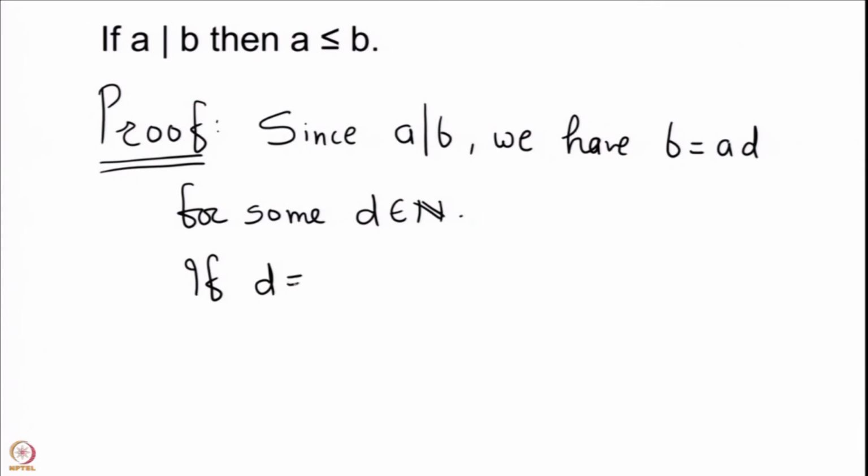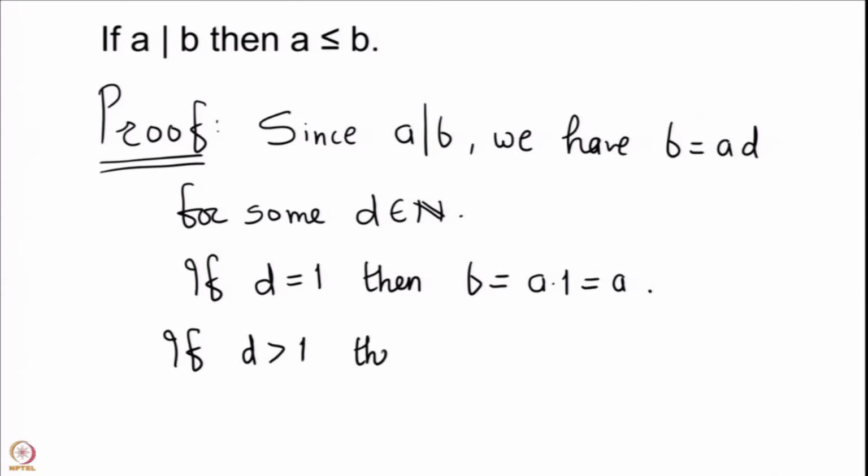So, if D is 1, then B is A into 1, which is A. This is one case, that B is equal to A. Now, if I take D bigger than 1, then B is A plus A plus A plus A, and so on.